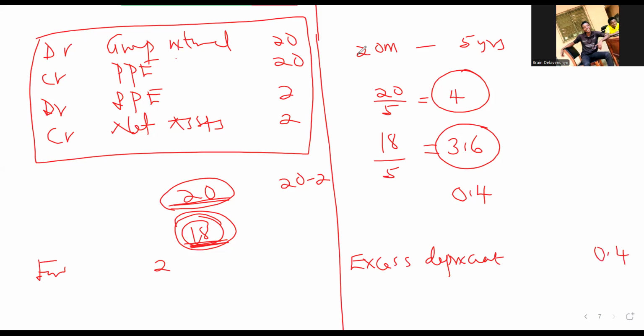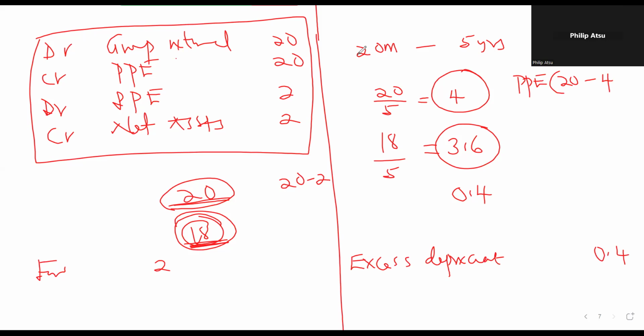This is how the subsidiary will be accounting for this one. Their PPE reported in the statement of financial position will be 20 million, which is the carrying value, minus a depreciation of 4 million, isn't it? Okay. Now you have subtracted the fair value loss. So this figure should have been 18 million minus 3.6.